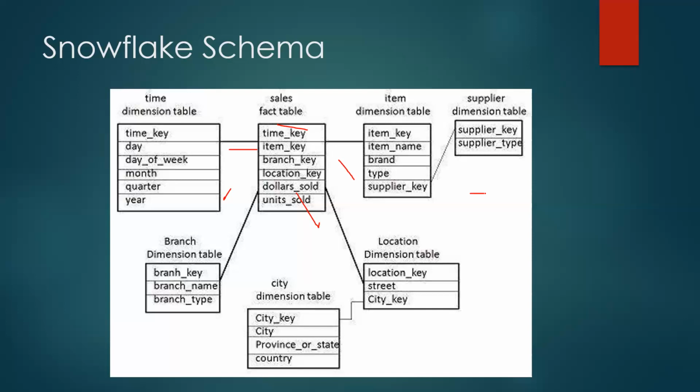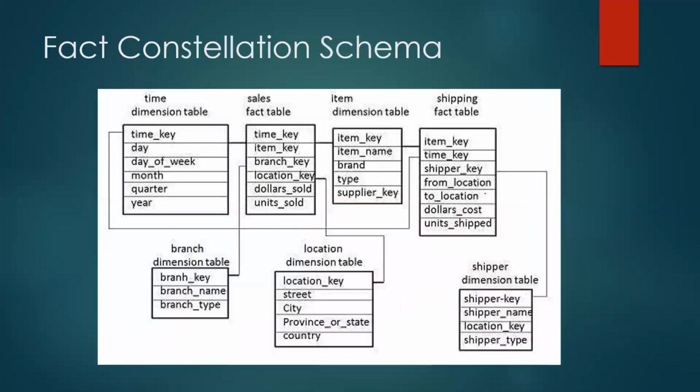Then you have the fact constellation schema. So you have a fact table here, and then you have one dimension, shipping, item, and time is also linked to this.